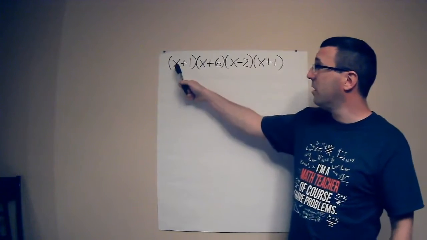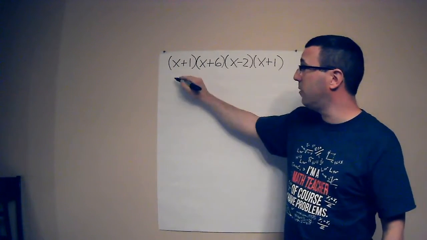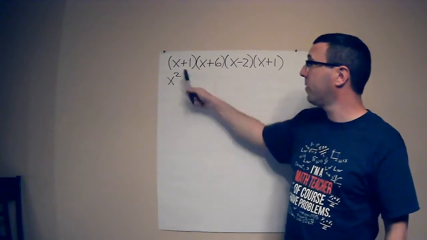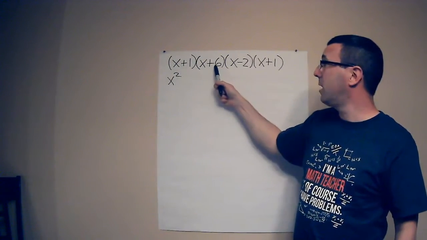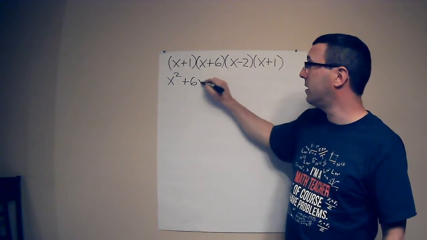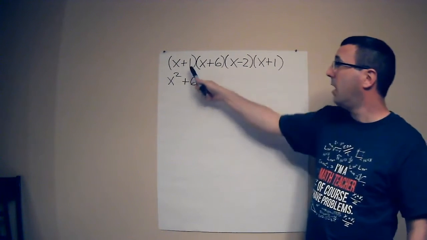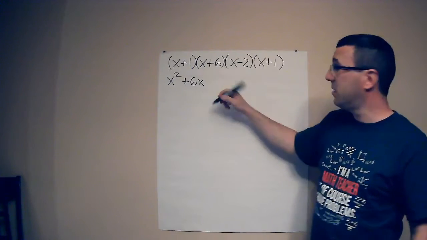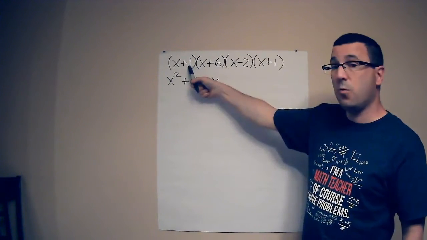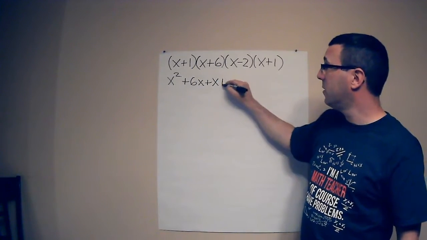So I'm going to do x times x, which is x squared, x times 6, which is 6x. I'm going to do 1 times x, which is just x, and I'm going to do 1 times 6, which is 6.